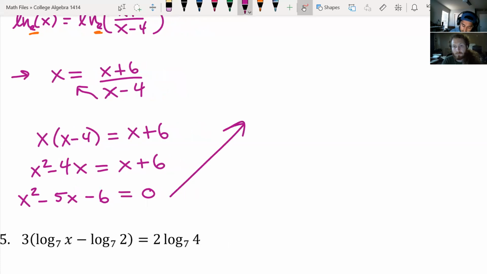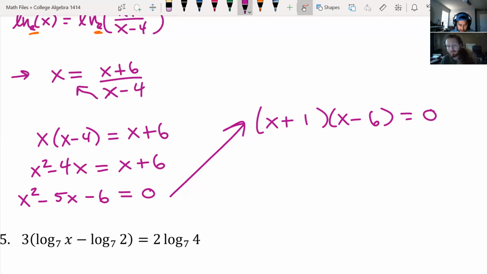And of course, the factors of 6 that will get you -5 with that sign set up, because that's going to be x plus a number and x minus a number. And the factors of 6 that will work for this are going to be 1 and 6. Yep. And here we get x equals -1 and x equals 6.